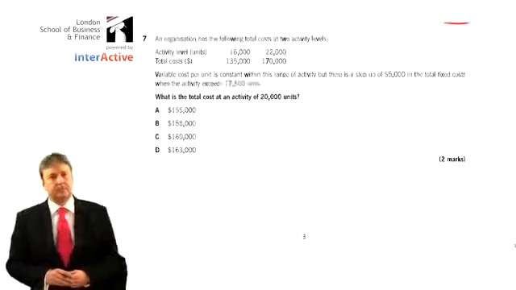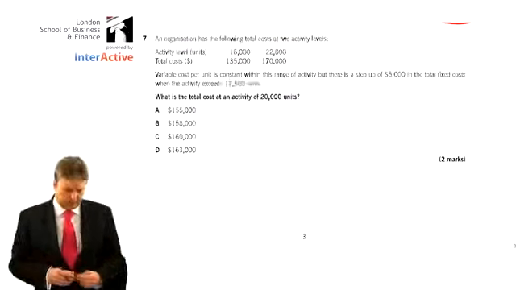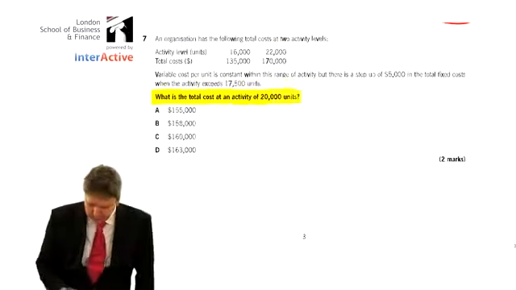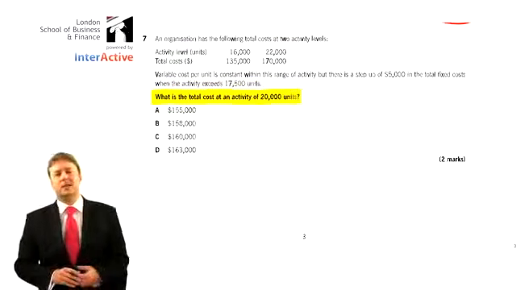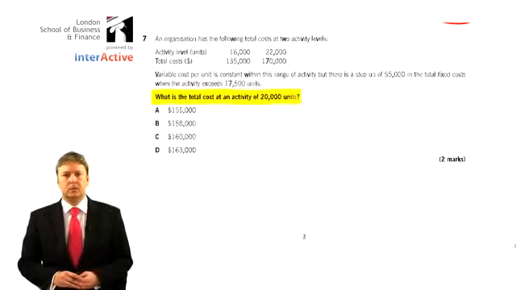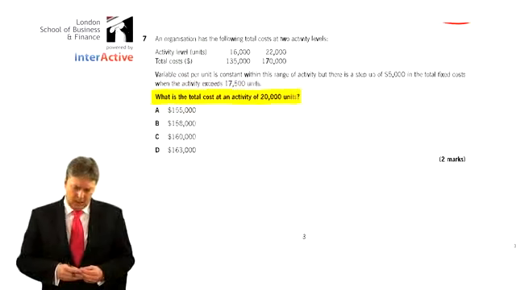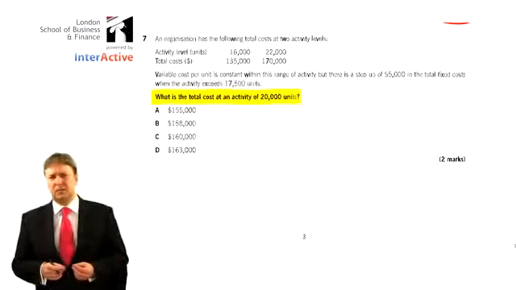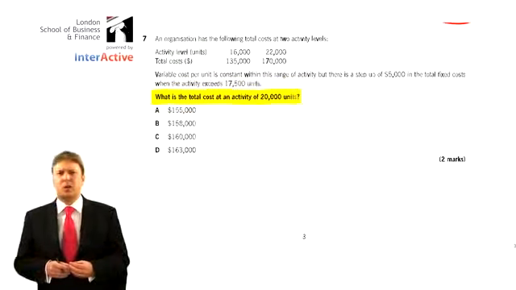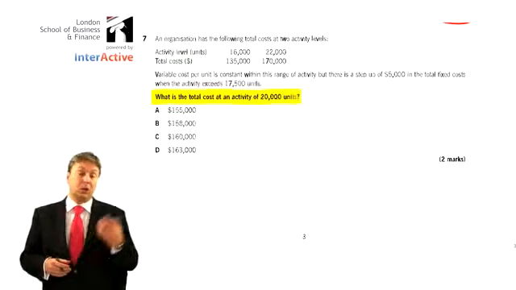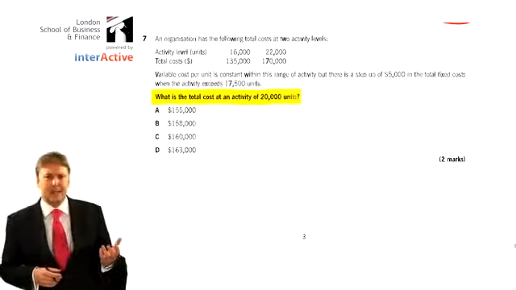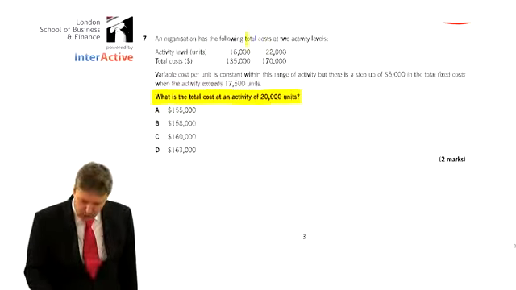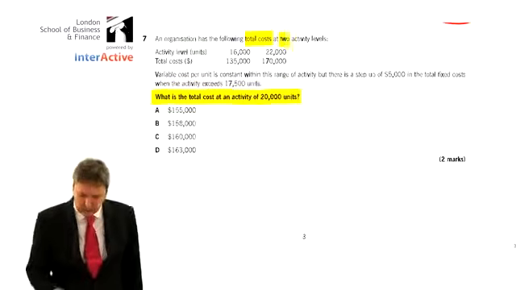Question 7. What's going on in question 7? What is the total cost of an activity of 20,000 units? Well, okay, so presumably what we're doing is some sort of forecasting action, and we just got to understand where this forecasting will come from. I mean, it could be a bit of regression analysis, but let's just look here. An organisation has the following total costs at 2 levels of activity.